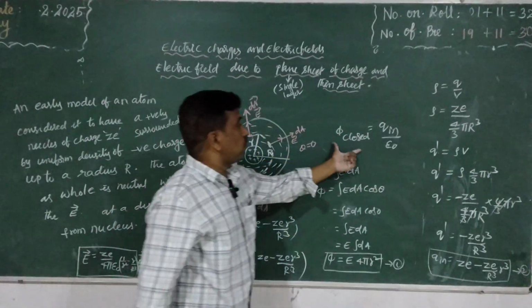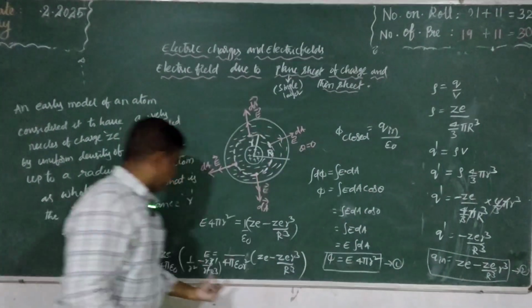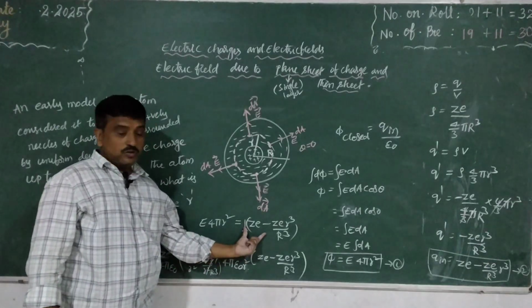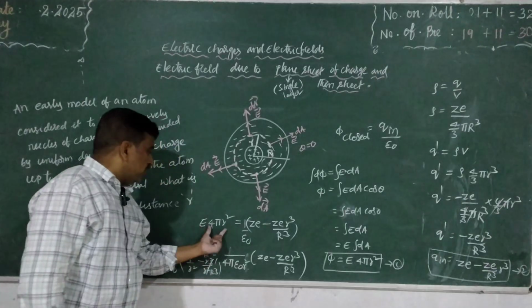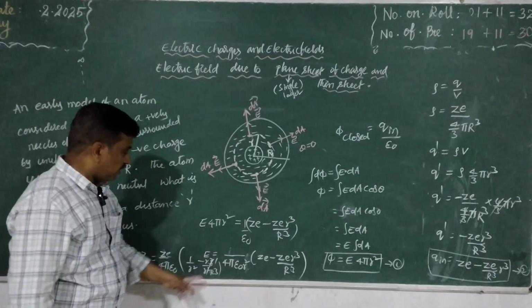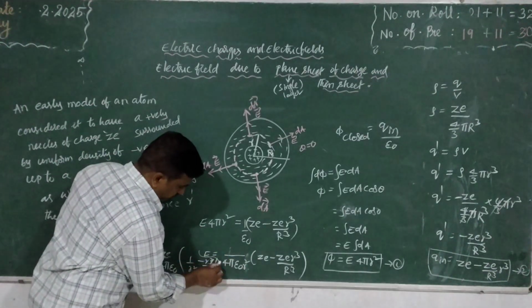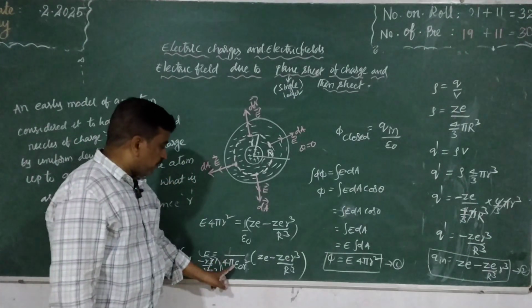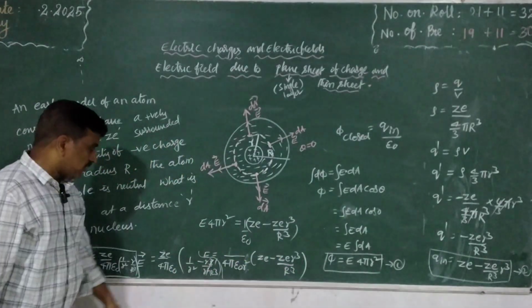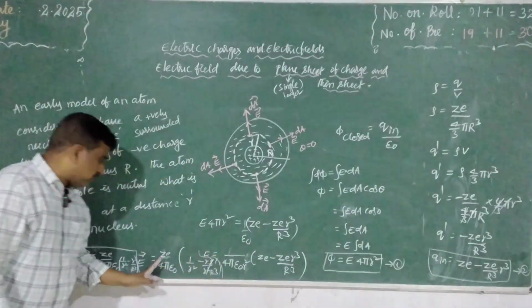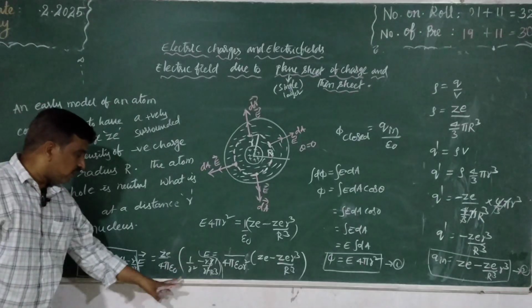So phi closed equals q inside. Now phi is q inside by epsilon naught, Ze minus Ze r cubed by R cube. So E is 1 by 4 pi epsilon naught r square, times Ze minus Ze r cubed by R cube. Here Ze is common, 4 pi epsilon naught is common, so r square is there.